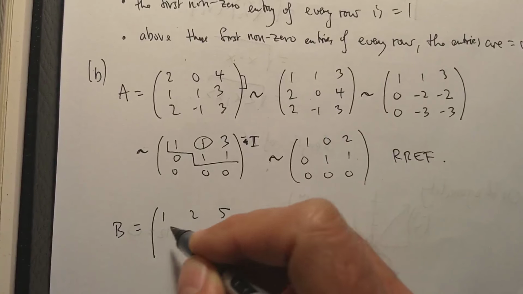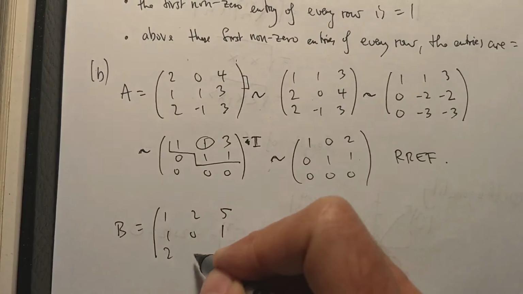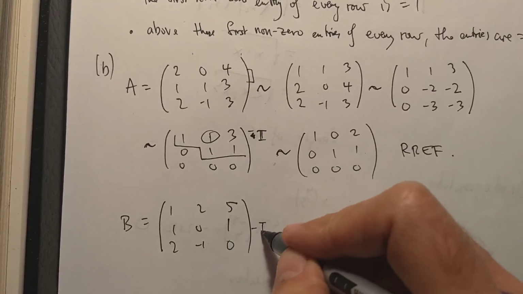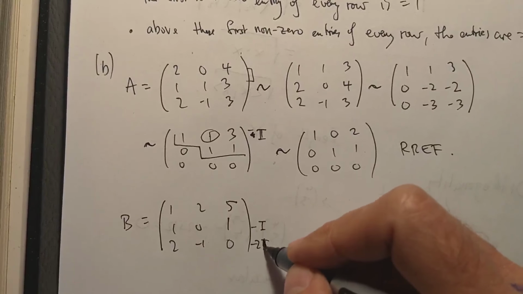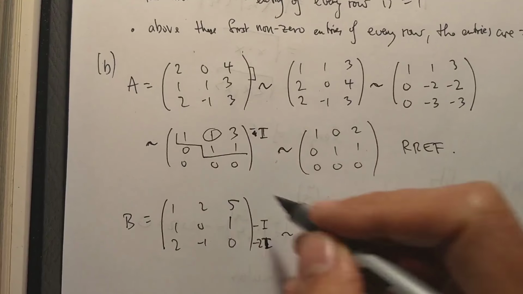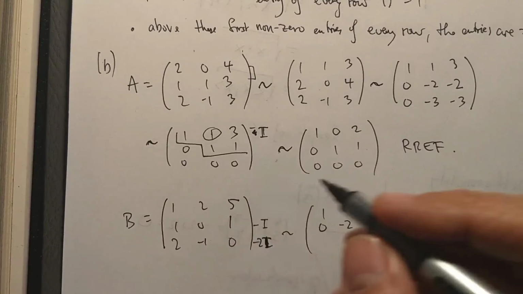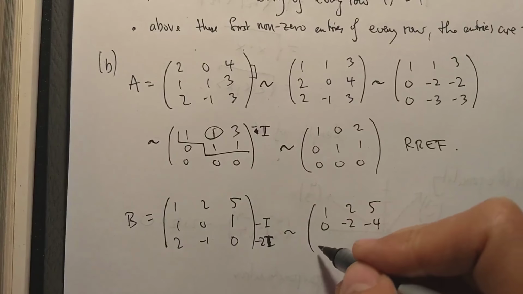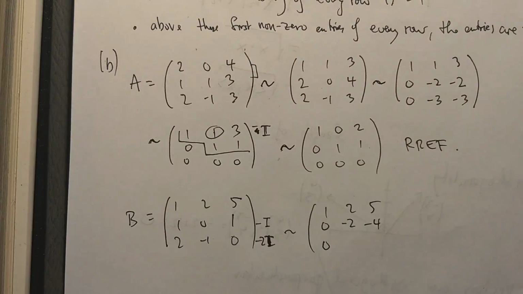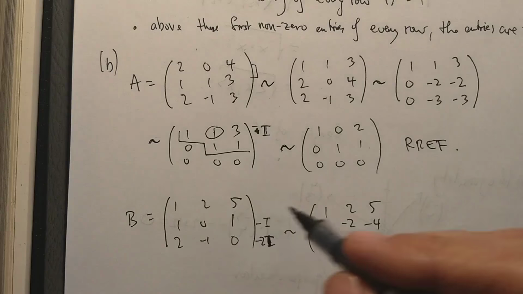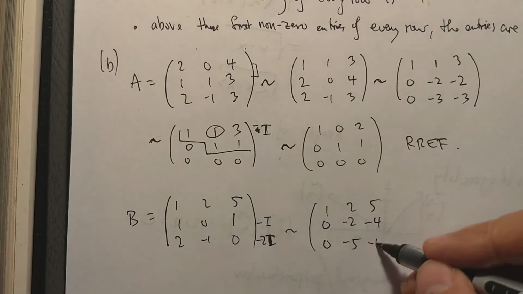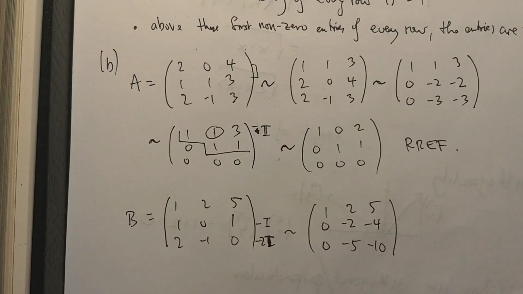B is 1, 2, 5, 1, 0, 1, 2, minus 1, 0. Okay, so let's subtract the first row from the second and twice the first row from the third. 1, 2, 5, 1 minus 1 is 0, 0 minus 2 is minus 2, 1 minus 5 is negative 4, 2 minus 2 is 0, minus 1 minus 4 is negative 5, and 0 minus 2 times 5 is negative 10.